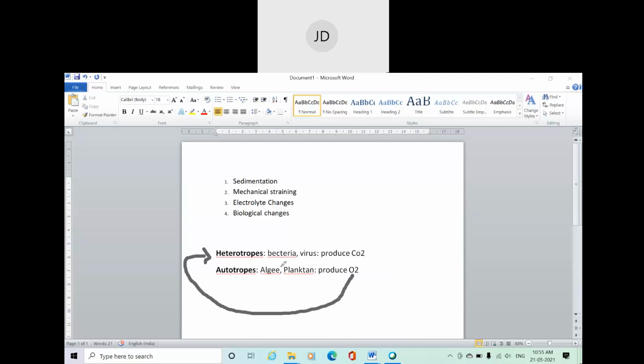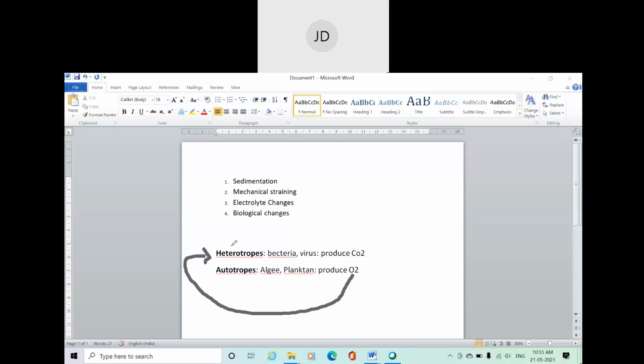You know, even for oxidation you need oxygen, right? So the oxygen produced by these autotrophs is again used by these heterotrophs for oxidation of organic matter. It behaves like a cycle. This kind of biological cycle is always going on in the biological film present in this filter.